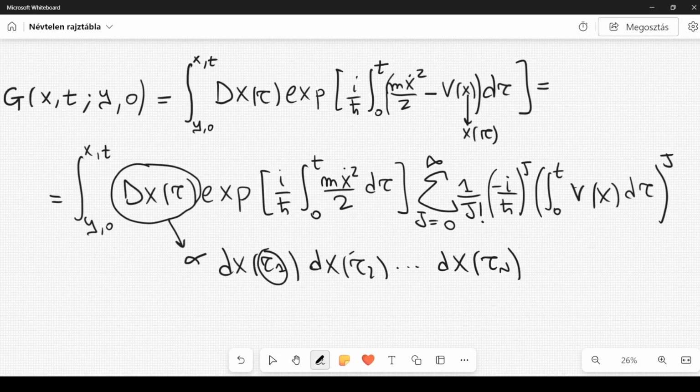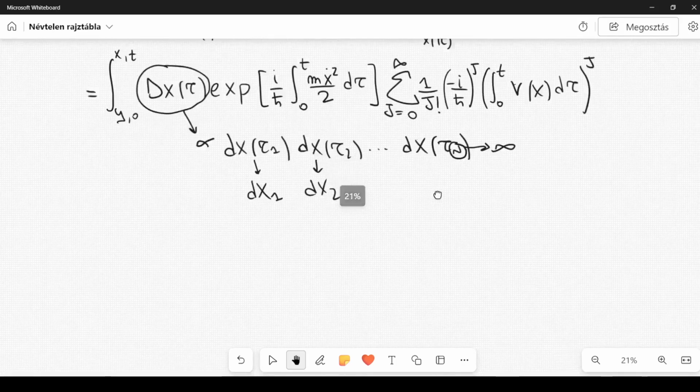When we discretize the system, this differential will become dx1, this differential here will become dx2, and so on. Of course here n would go to infinity, and there is an infinite amount of differentials which are not really countable. But in order to calculate and make any meaning out of the path integral, we discretize it in such a way that we hope that we can find a finite result.